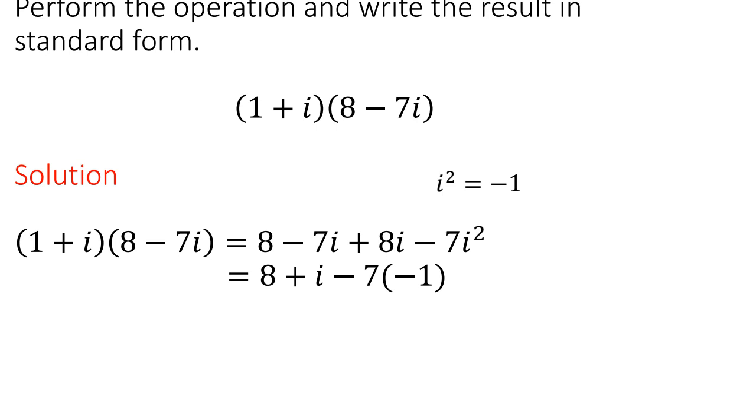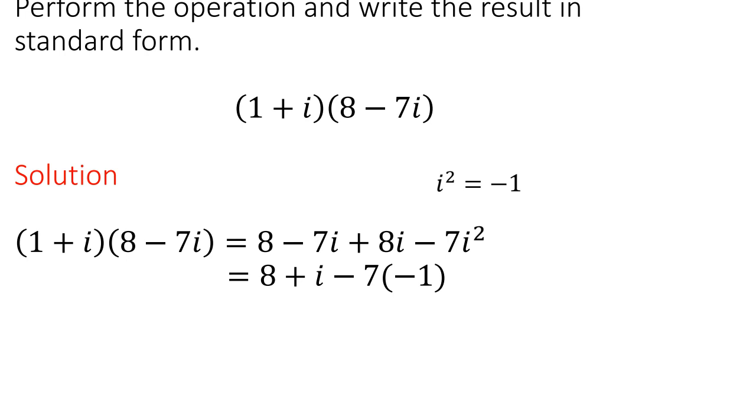But I see that the -7 with the i squared, I know the definition of i squared. i squared stands for just -1. So I'm going to replace that i squared with a -1. So now I have a -7 times a -1, which is going to give me a +7.